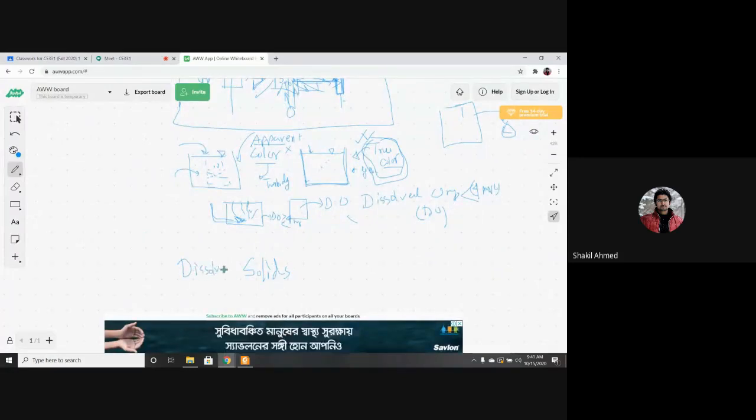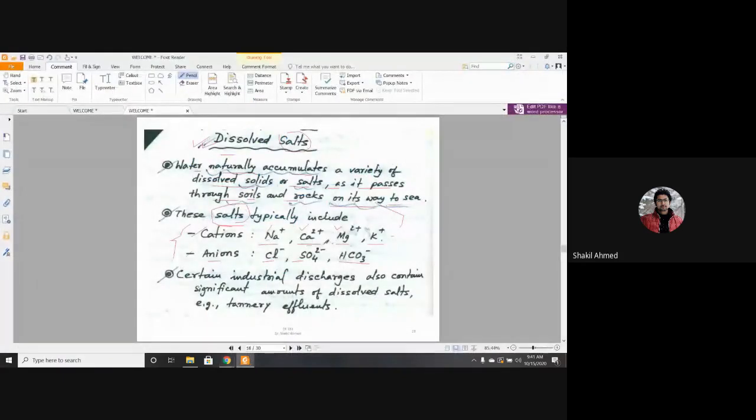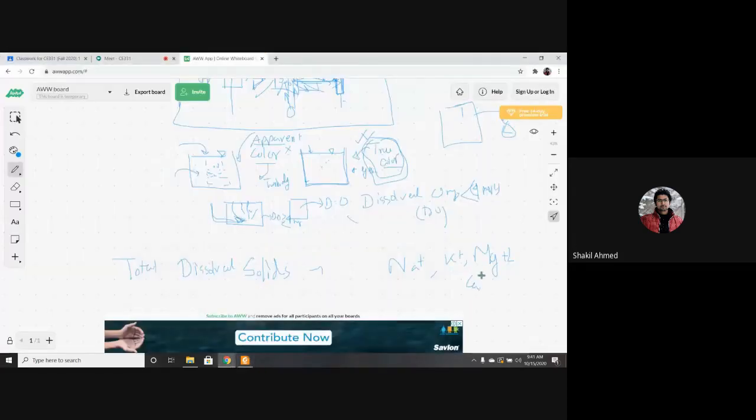There are different types of solids. So total dissolved solid, what are they? Sodium, potassium, magnesium, and calcium is also there. So we call it total dissolved solid, TDS.